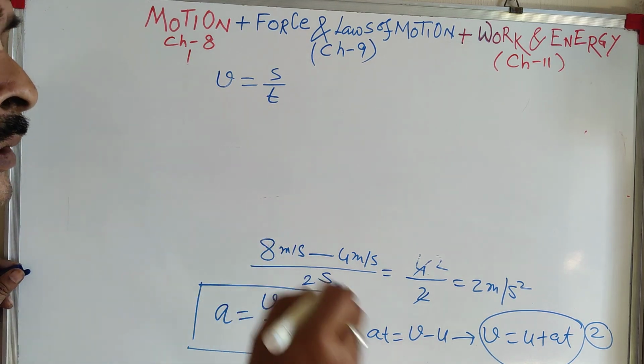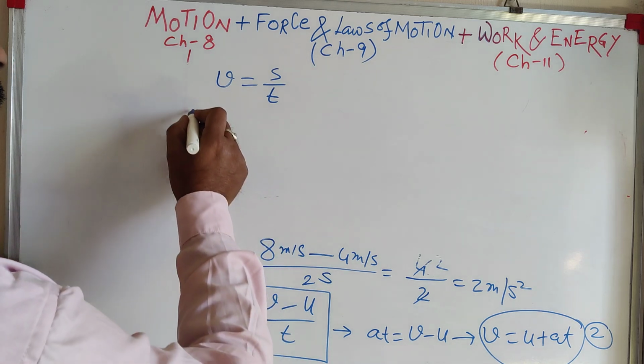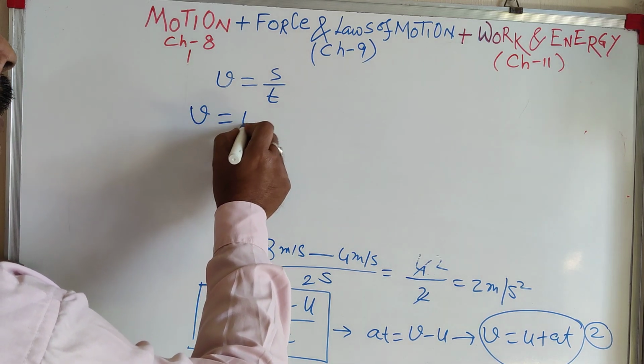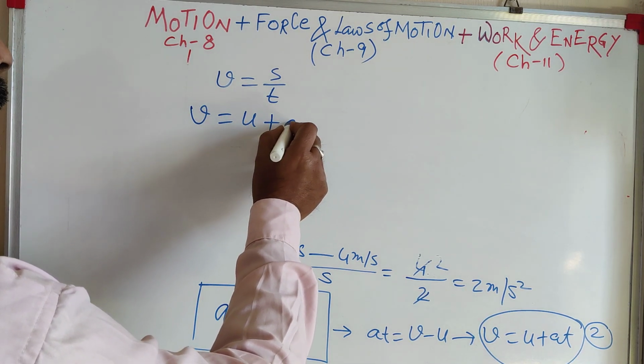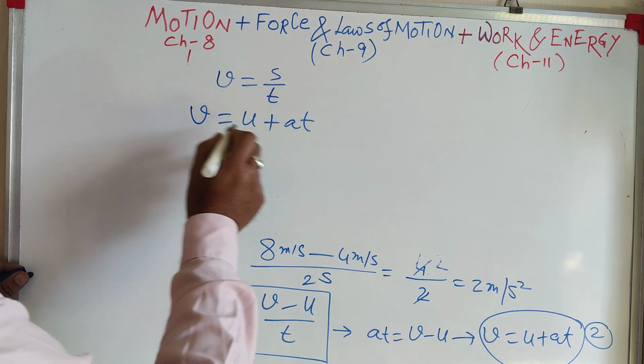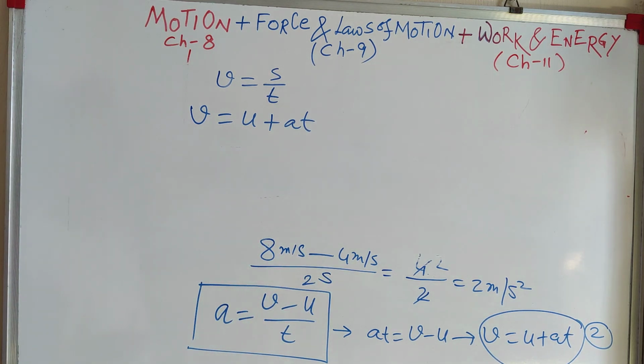But when it is non-uniform velocity, it becomes V is equal to U plus AT, where U is the initial velocity and V is the final velocity. And if it is a retardation, meaning applying the brake, that plus becomes minus. This is the only difference.